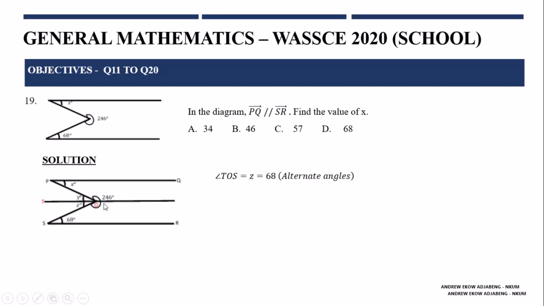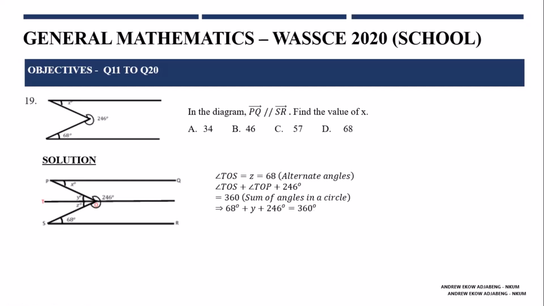It means that here we can call it Z, as we see here, is 68 degrees. And when we sum up the total of TOS, which is angle Z, and then TOP, which is angle Y, plus the 246, this should sum up to give us 360, which is the sum of angles in a circle.